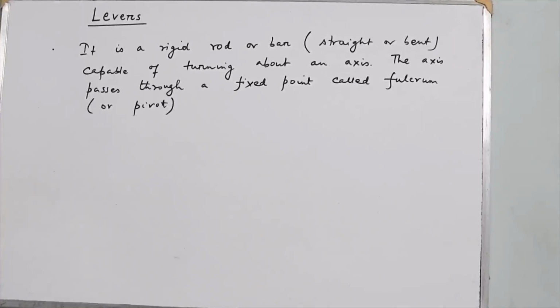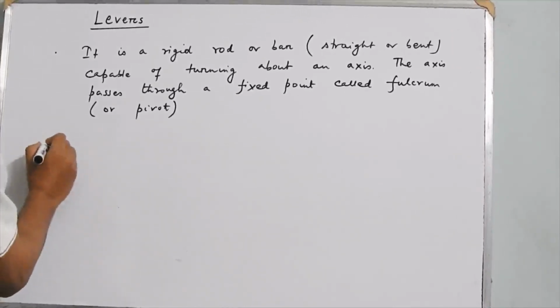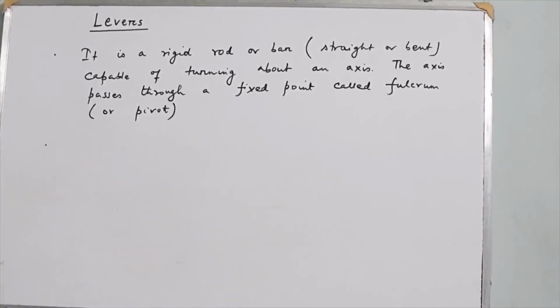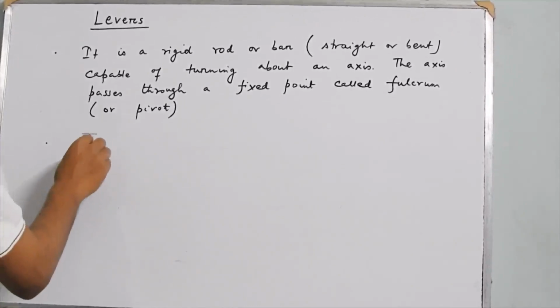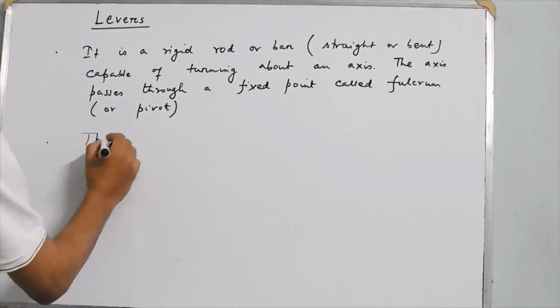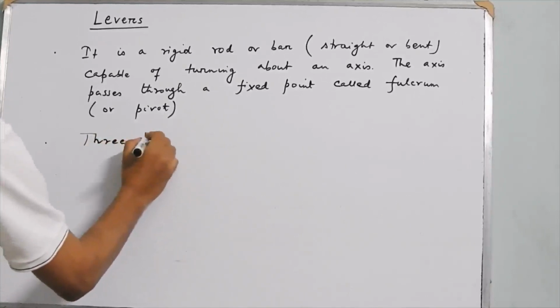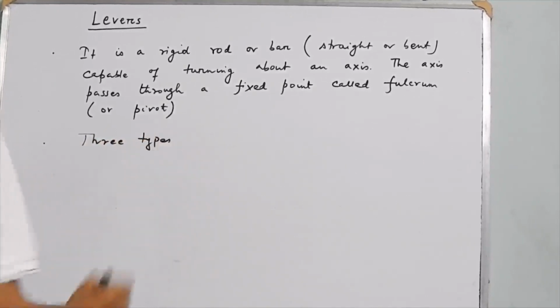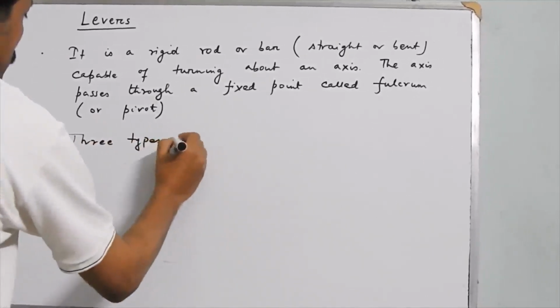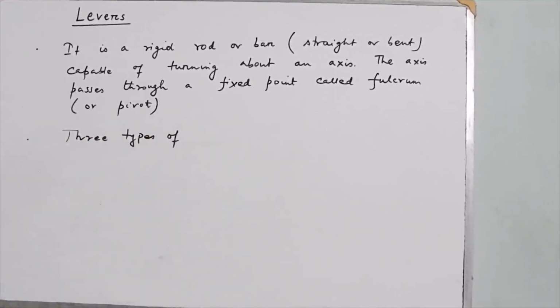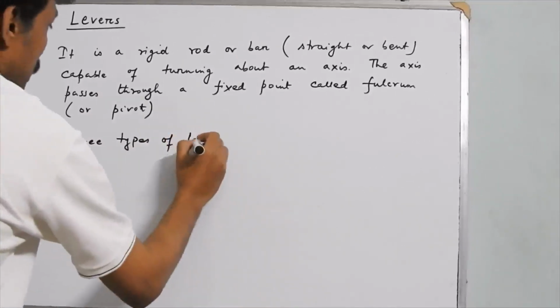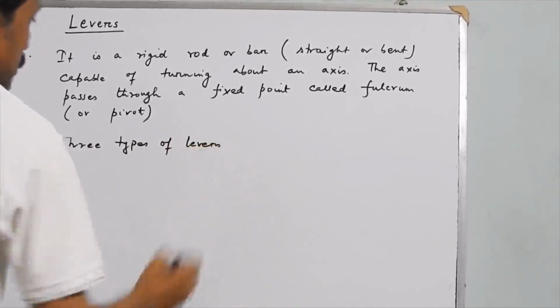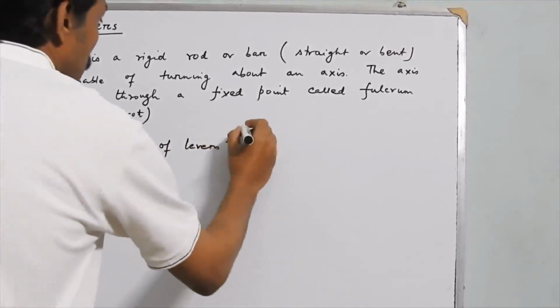So now levers are generally of three types. Three types of levers are available as per our use in daily life. These levers have been classified as levers belonging to class 1, class 2, or class 3.